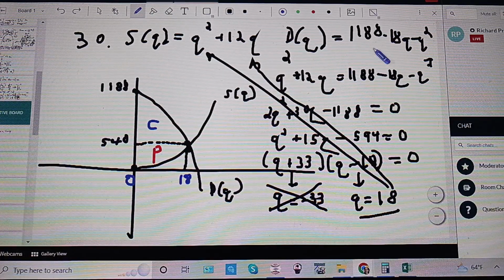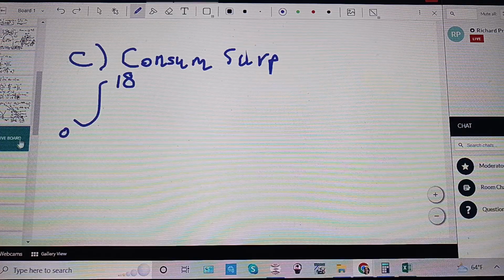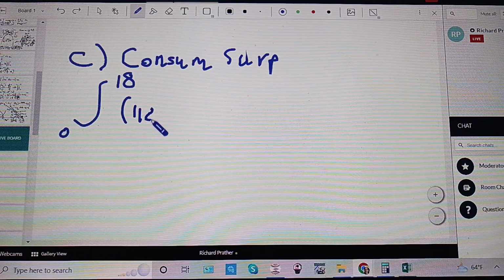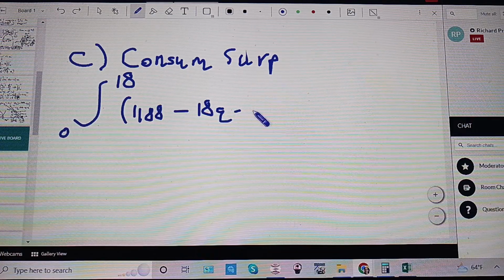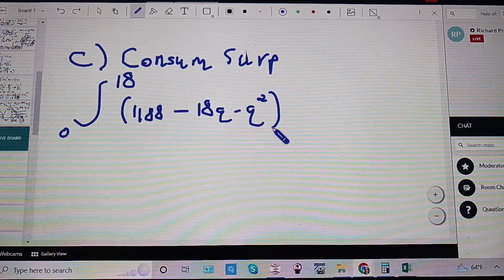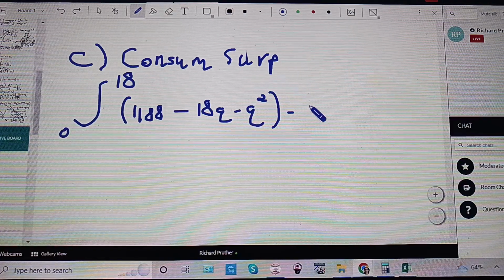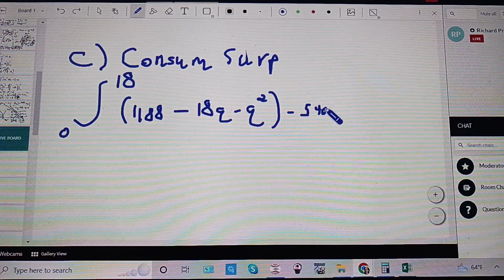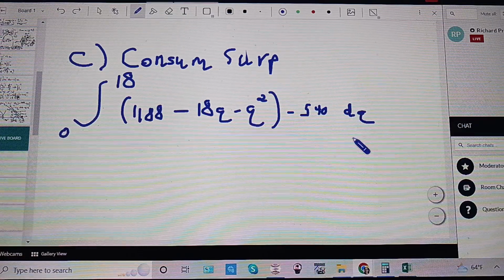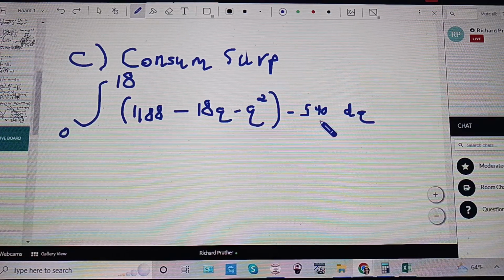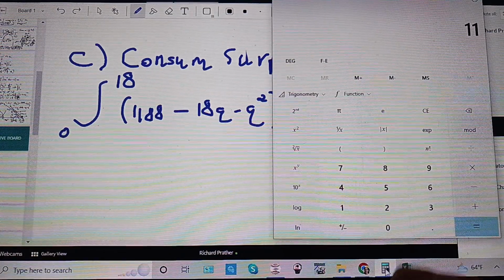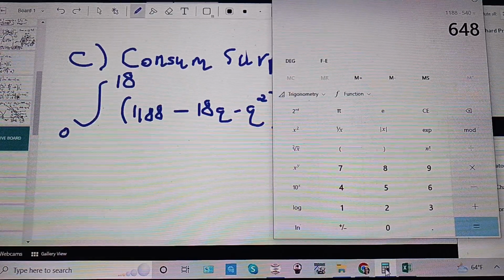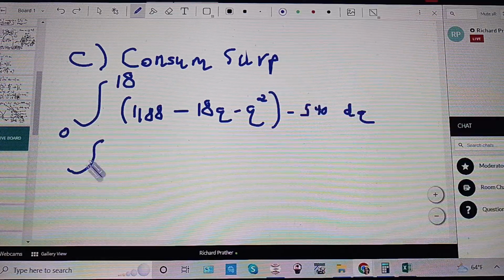So you write the demand curve first. 1188 minus 18Q minus Q squared, there's the demand, minus the horizontal, which is 540. Demand minus horizontal is consumer's surplus every time. And I could combine the 1188 and the minus 540 and just get one constant of 648.